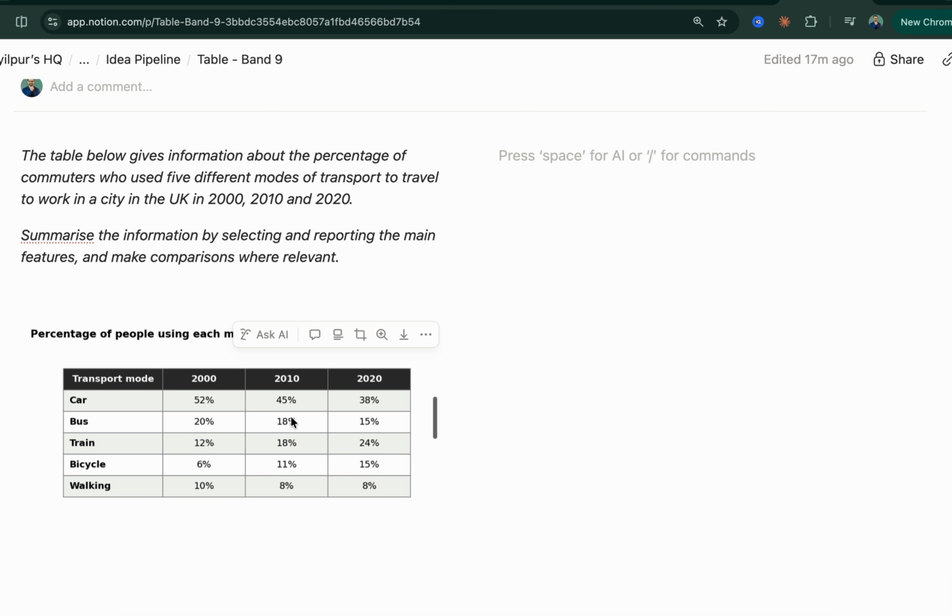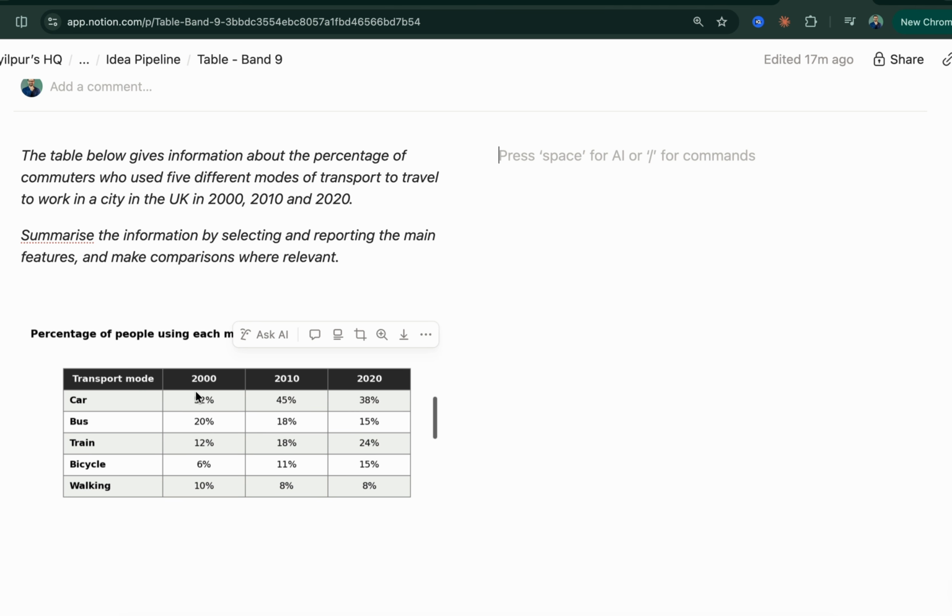So before we write, I just want you to pause the video and quickly review the numbers you see here from the highest to the lowest, so that you basically get the idea of what happens in these years and how people choose to travel to work and by which transport means they prefer.